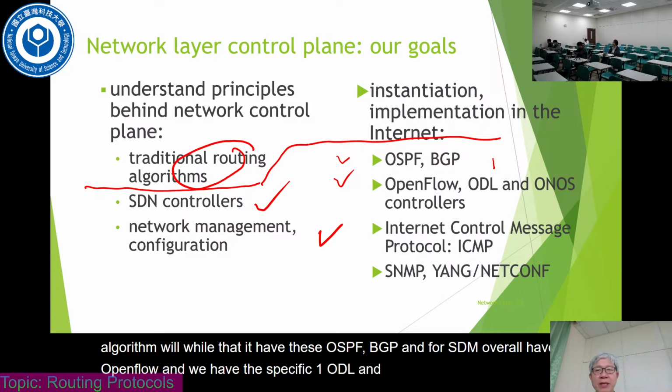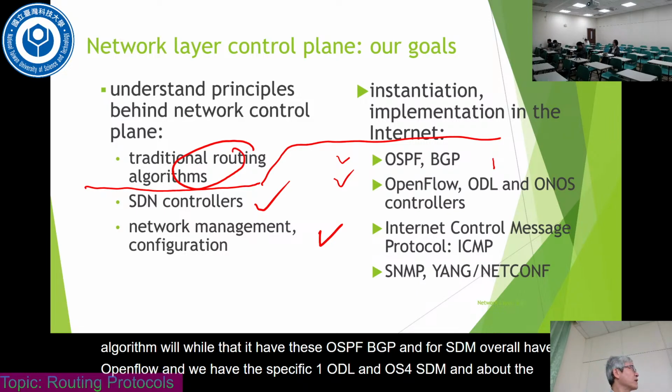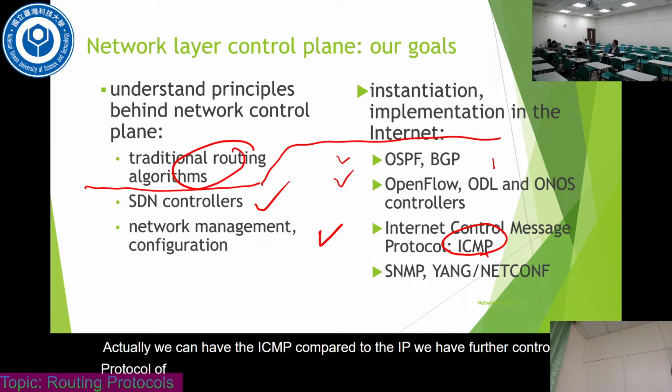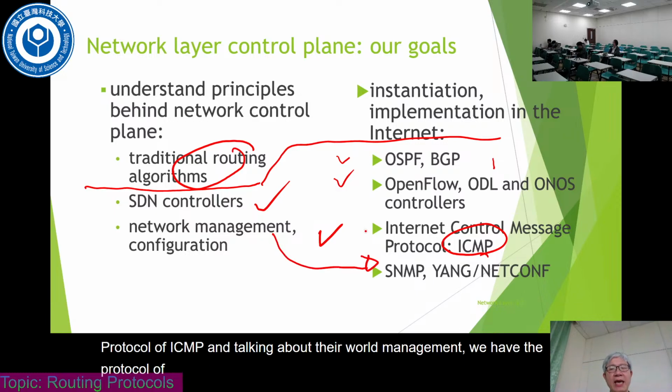And about the control, we can have ICMP compared to IP. We have the control protocol of ICMP. And talking about network management, we have the protocol SNMP and others.